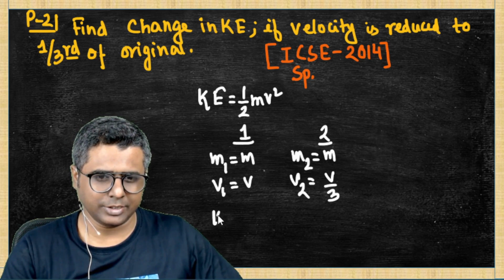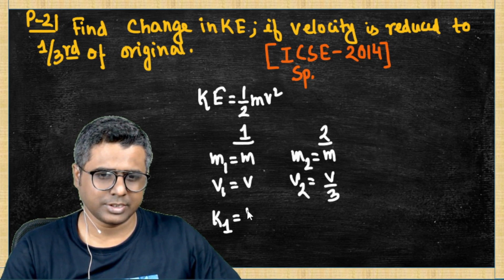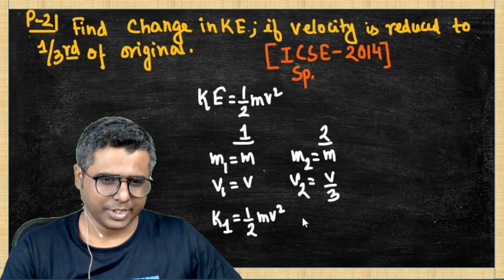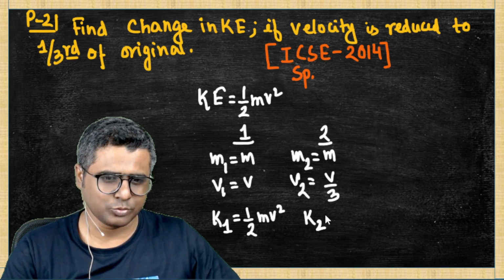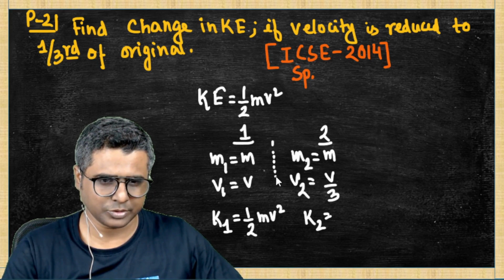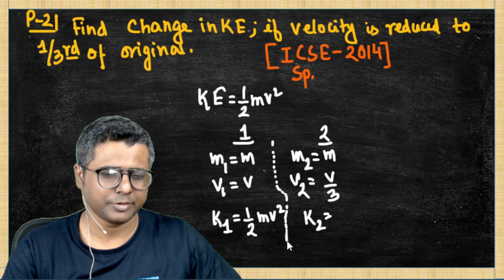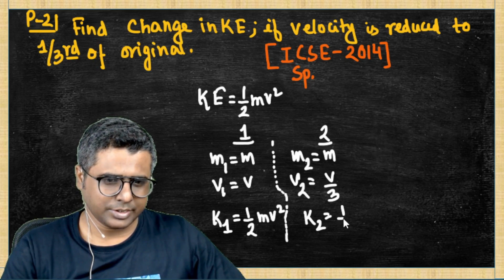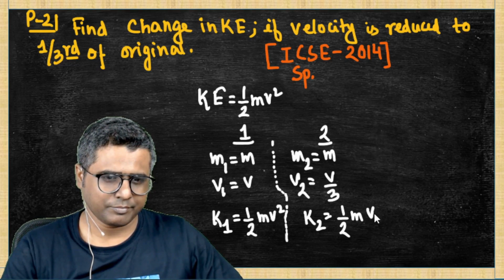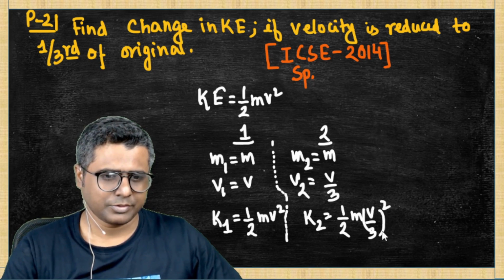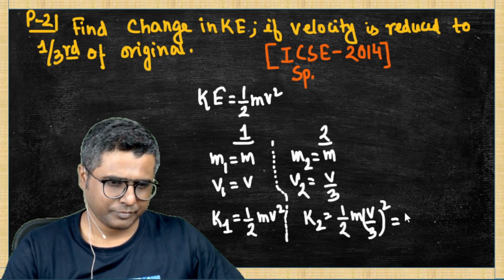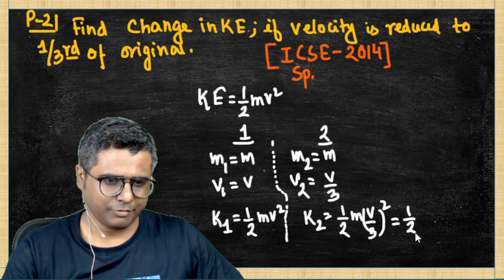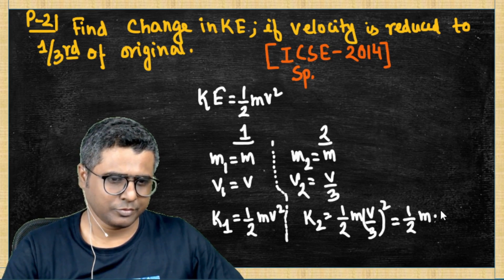So the kinetic energy K1 is equal to half mv square, and here the kinetic energy is K2, which is half m, v by 3 whole square. So it will come out to be half m into v square by 9.